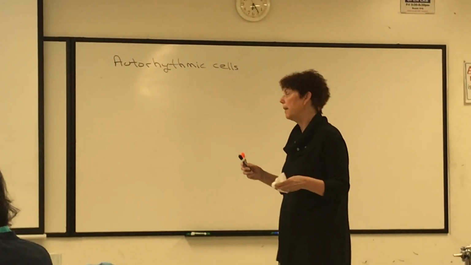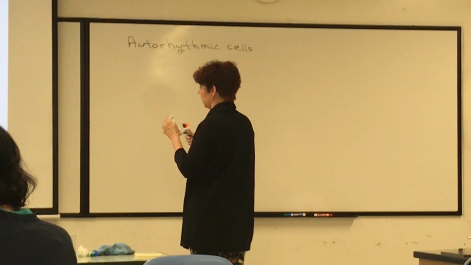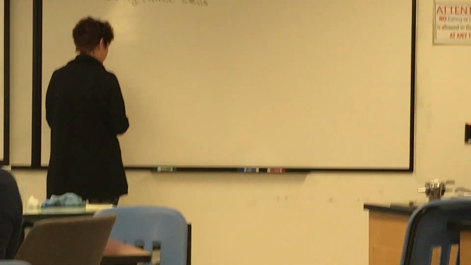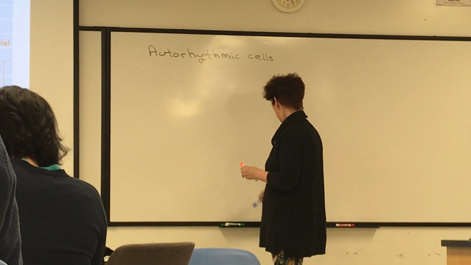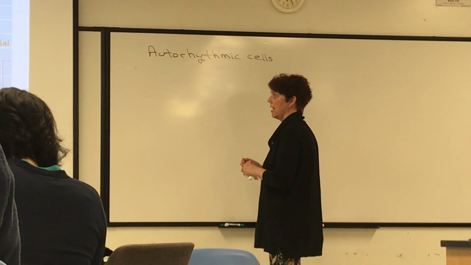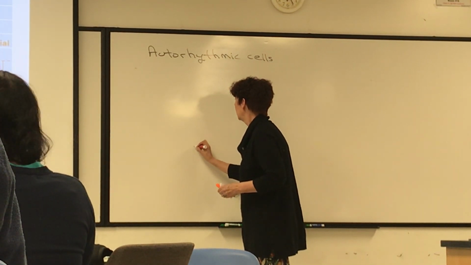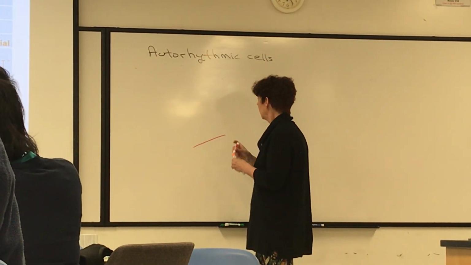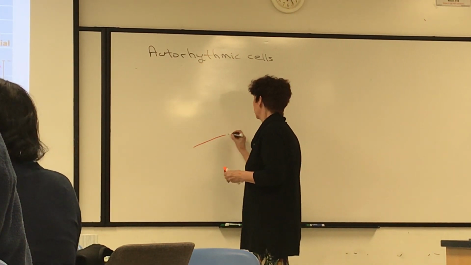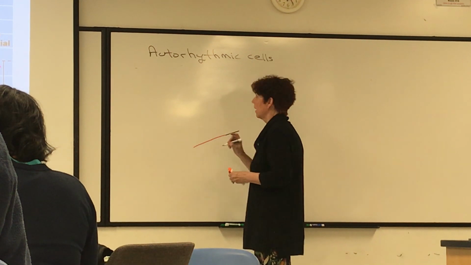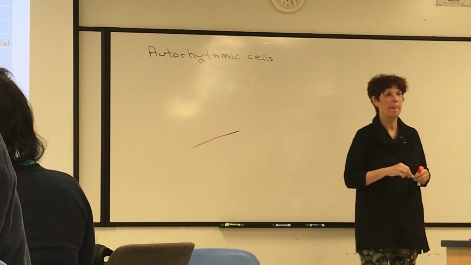All right, this is a little bit in between our neurons and muscle cells. And you'll notice that we have something missing here. So what is missing in our diagram here?